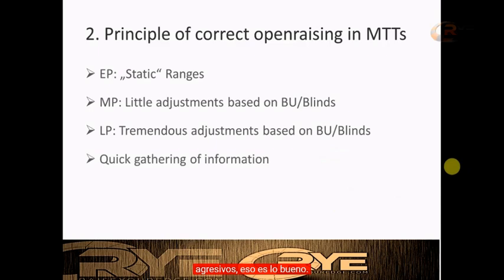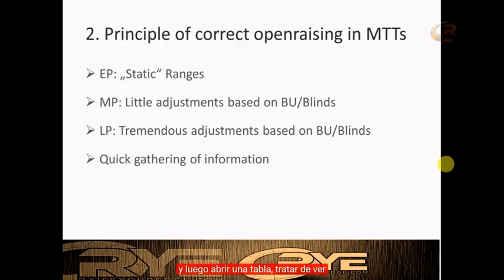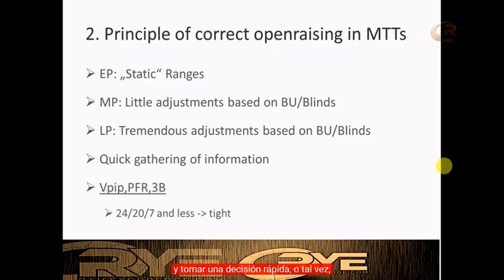It's about a quick gathering of information. You don't want to look around for 5, 6, 7, 10 seconds and open a pop-up, hover over your HUD, scramble around. No, you want to take a look at VPIP and 3-bet and then make a quick decision. Or maybe if you already have a little bit more experience, you have been playing against certain opponents already, and you have certain reads on what kind of hands they're defending pre-flop, you want to use them, and then you make a decision.